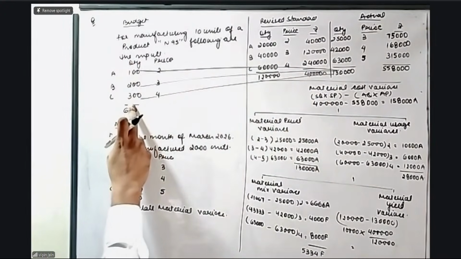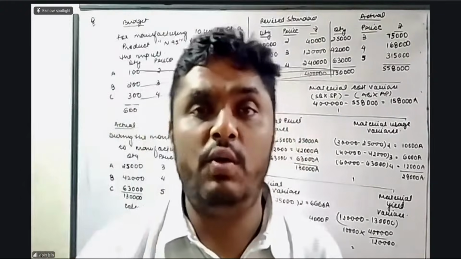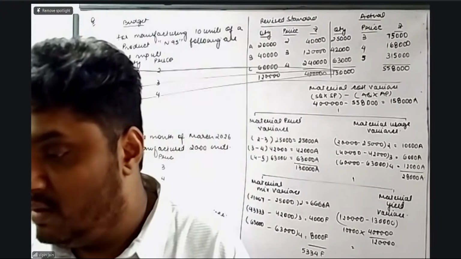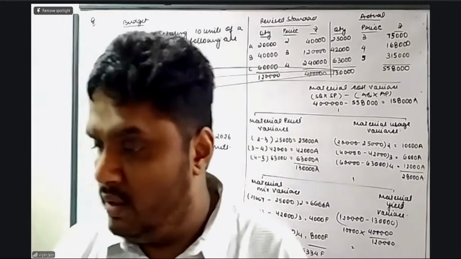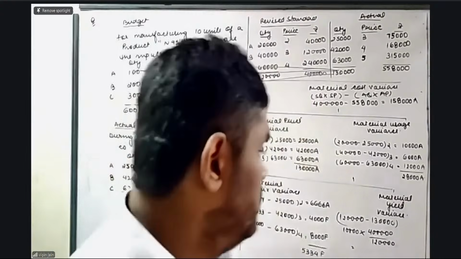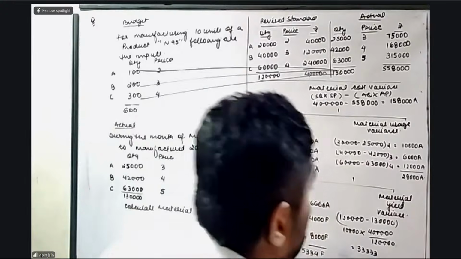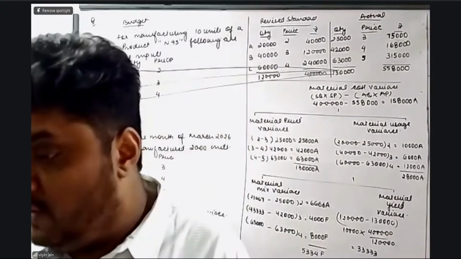This is the correct way. But I'm getting the correct answer, sir, with price also. It is just a coincidence. You have to distribute it in quantity. Yes, sir. Thank you, sir. Always quantity. So the difference is basically the rounding of difference, guys.